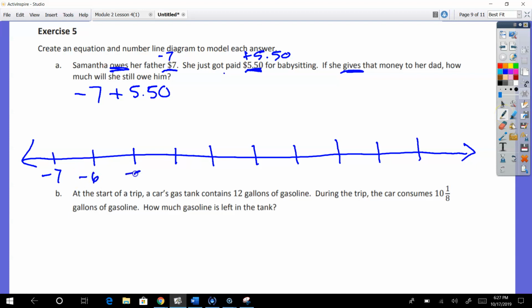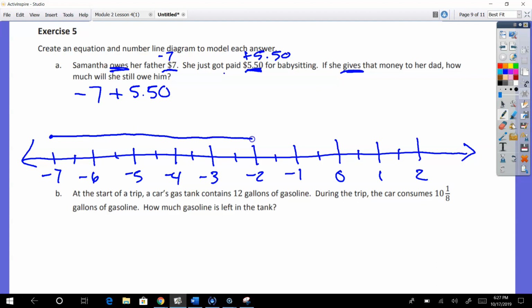Negative 6, negative 5, negative 4, negative 3, negative 2, negative 1, 0, 1, 2. And we have our halfway marks, so we see it is 50 cents. They're just helpful. They're not necessarily required. So we're starting at negative 7, and then we're going to the right. 1, 2, 3, 4, 5, and then 50 cents would be halfway.